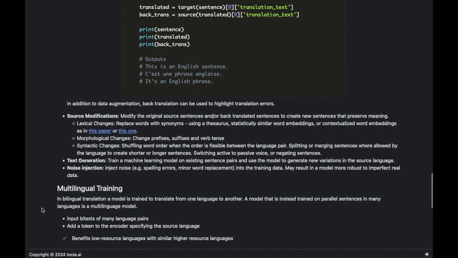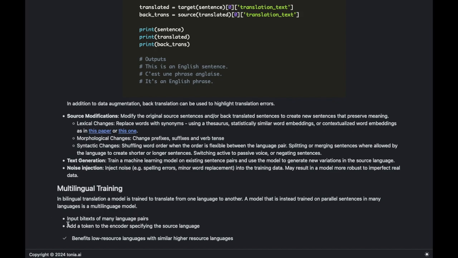Another thing that you can do is train the initial model to be multilingual. A lot of the models that you look at that have been pre-trained for language translation were trained to translate from a source language to a target language. If you train a model to be multilingual versus bilingual, then that model can be trained on parallel sentences in many languages instead of just a single source and target language.